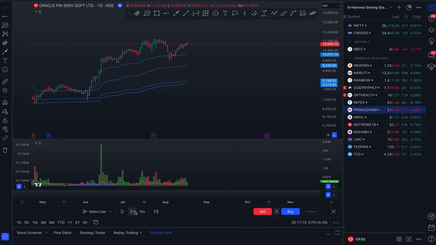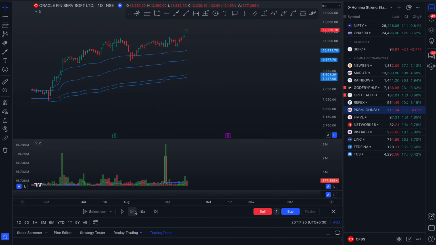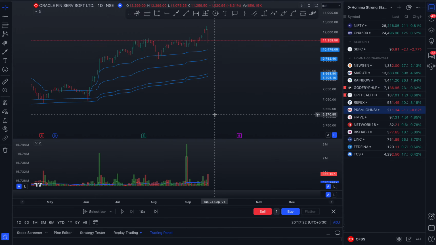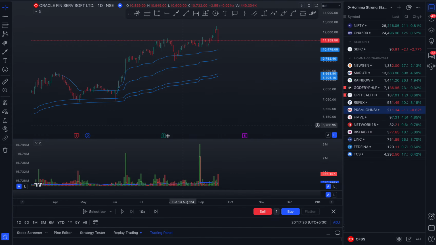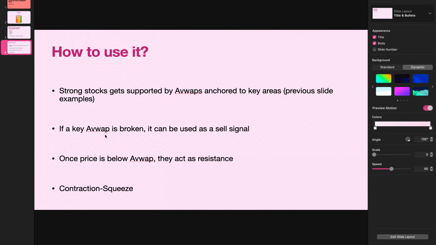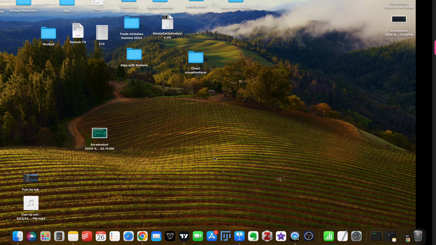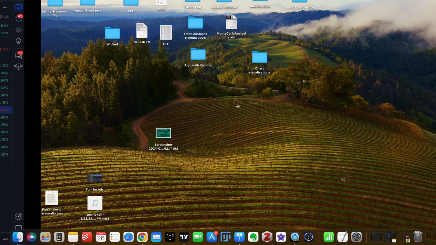If there is a huge high volume break of that AVWAP, one can actually use it as a sell signal. I'll show you more examples of those. So if a key AVWAP is broken, it can be used as a sell signal. Once price is below AVWAP, it acts as resistance, right? Again, I will also show examples of that.